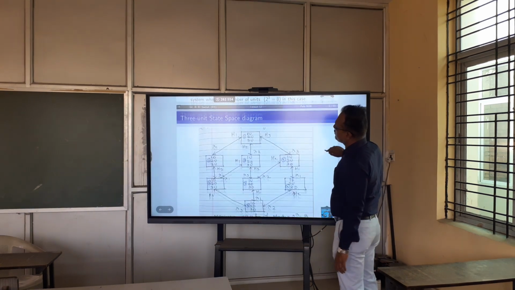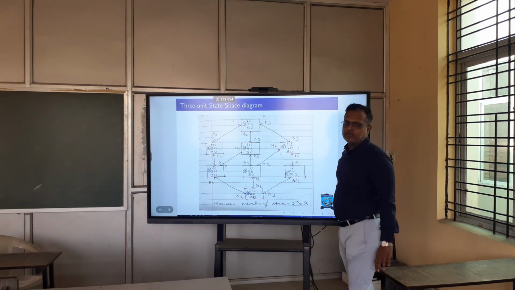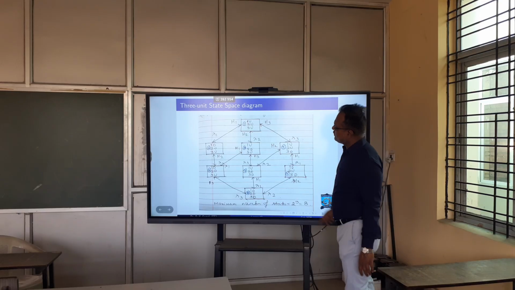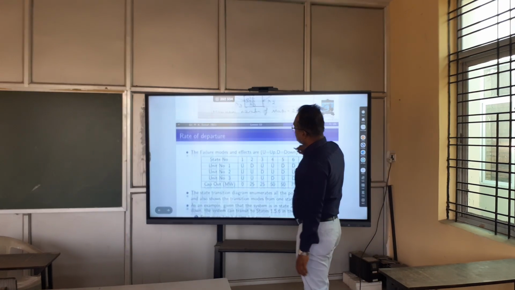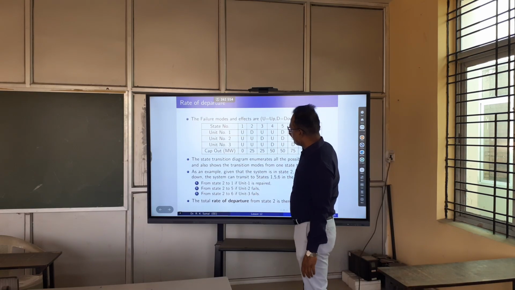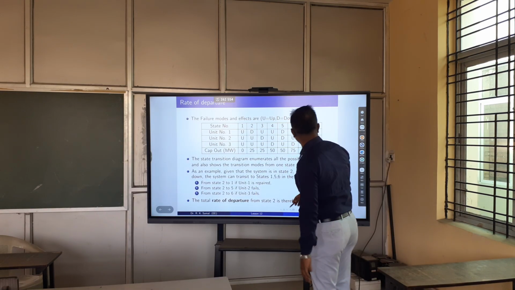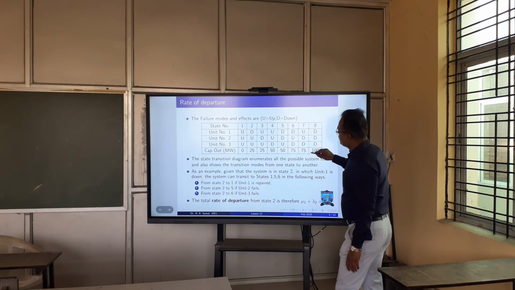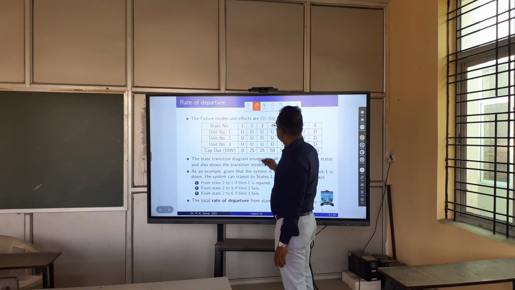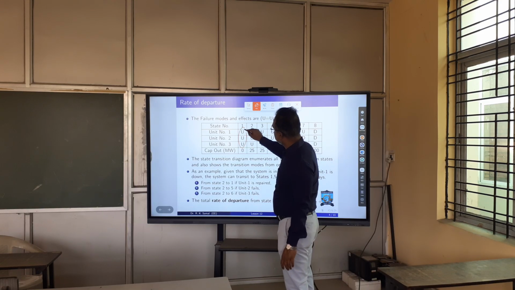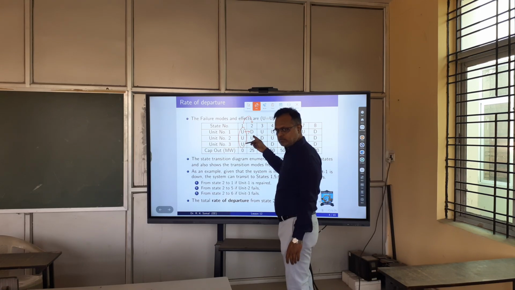Next, we developed this Markov diagram model in the last class, where each generator has a certain number of states. We discussed that from state 1, where all 3 units are up, we can go to only one transition, for example to state 2, because generator 1 is now down.